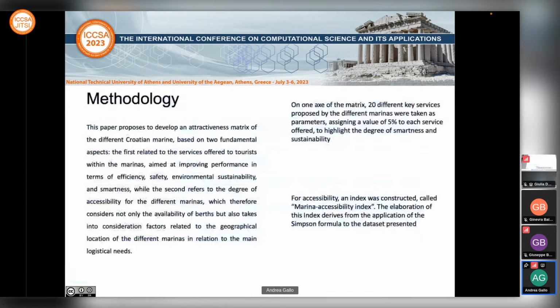On the data just provided, we elaborated two different methodologies of analysis, trying to put everything together into a single matrix of attractiveness of these different marinas.